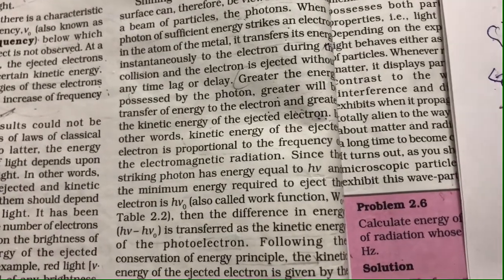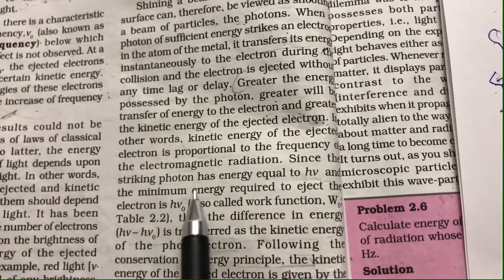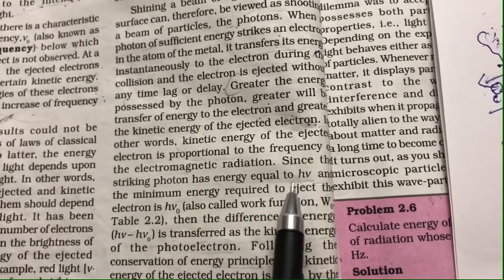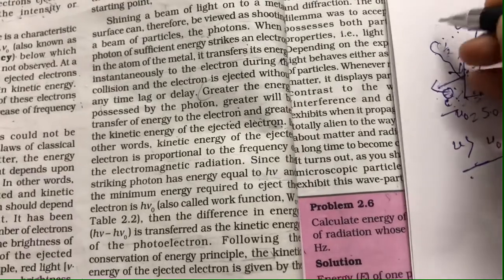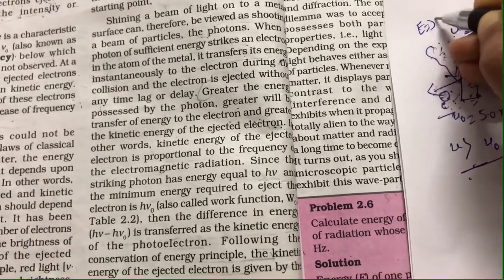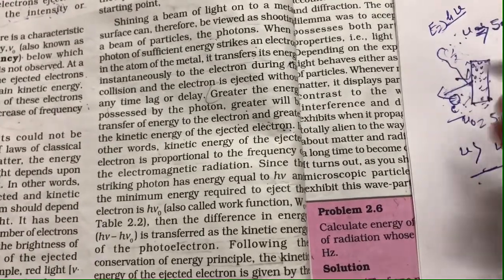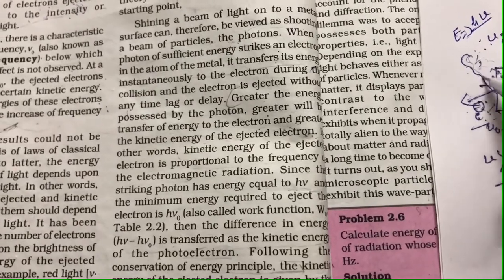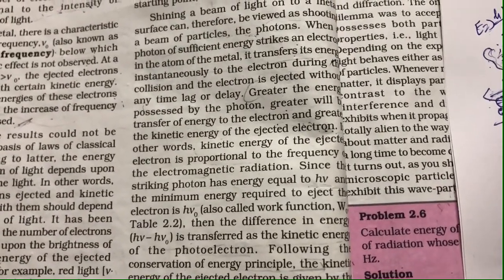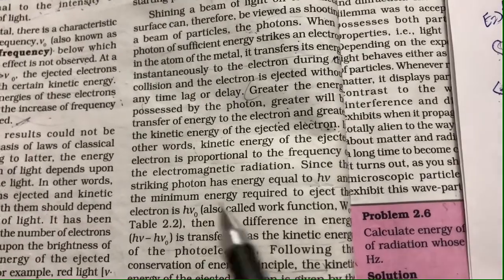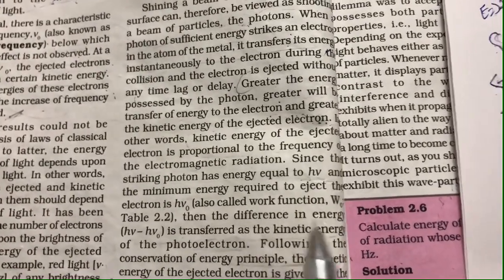Clear? Since the striking photon has energy equal to h nu, as you have already learned the expression for energy, E equals h nu. This is the energy of the striking photons, and then the minimum energy required to eject the electron is h nu naught. Clear?